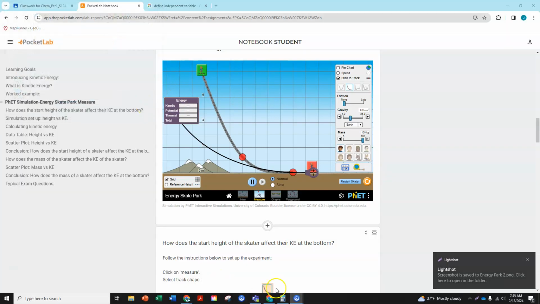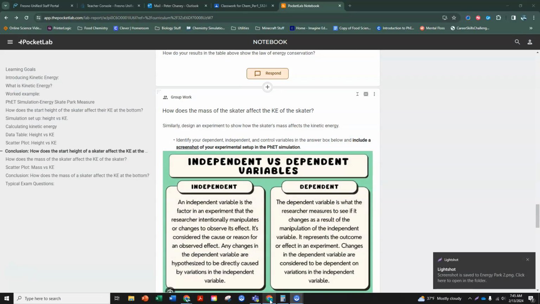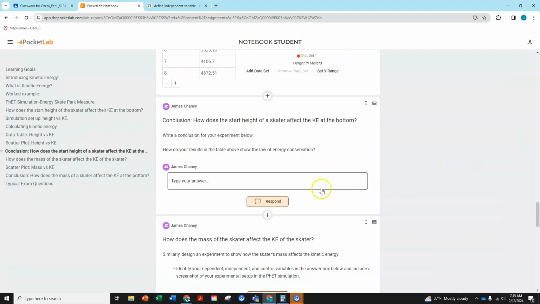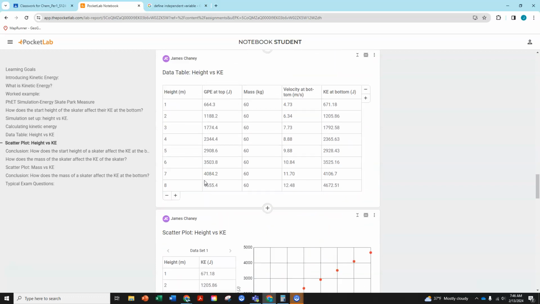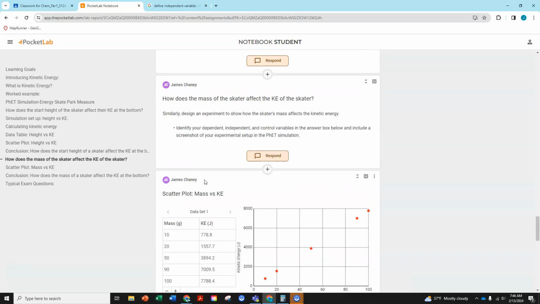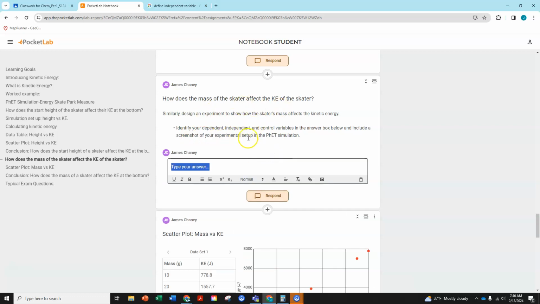and if I go to my student, am I on my student one? Yes. Over here, we're going to answer the question. So this is where they want the screenshot. So you're answering the question.